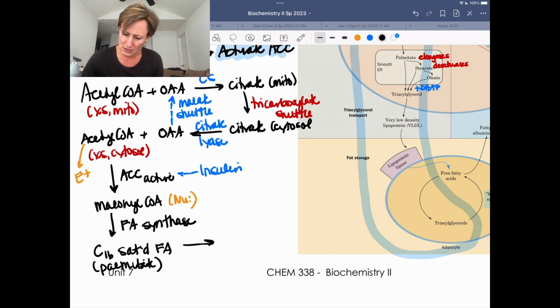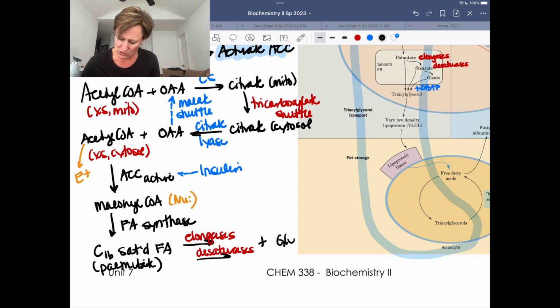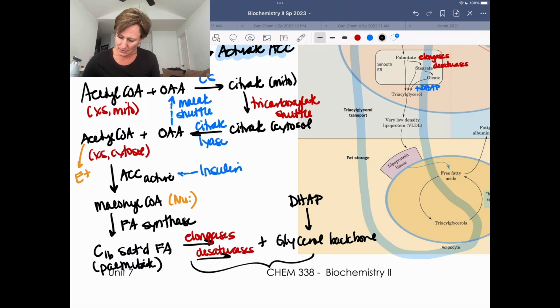You can have chemistry with elongases if you want to make it longer than C16, and chemistry with desaturases if you want to have any units of unsaturation. But you're going to be putting this onto our glycerol backbone. That glycerol backbone is going to be coming from DHAP. Okay? These come together and then make our triglycerides.